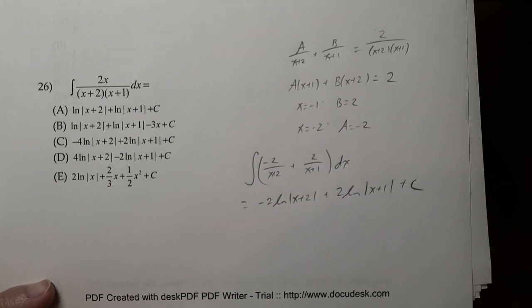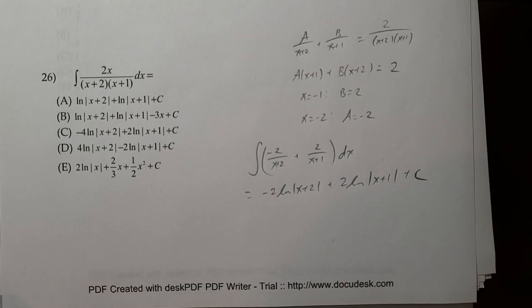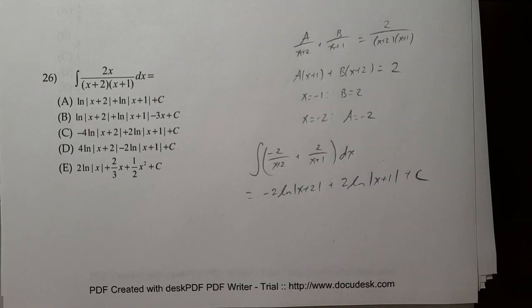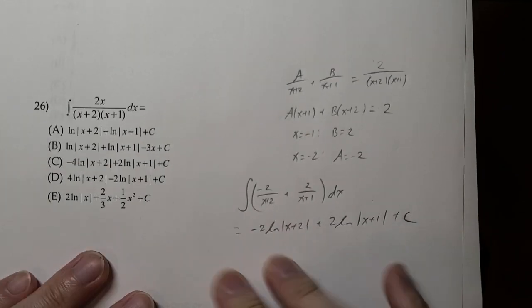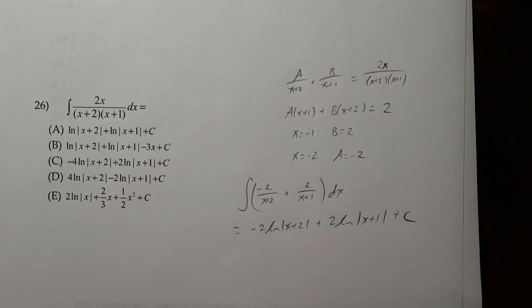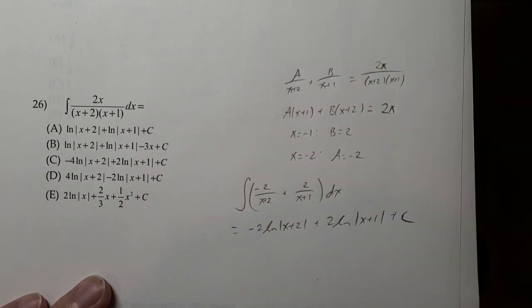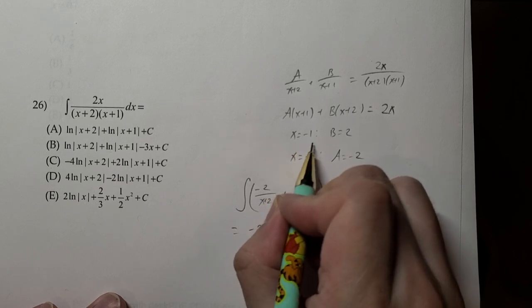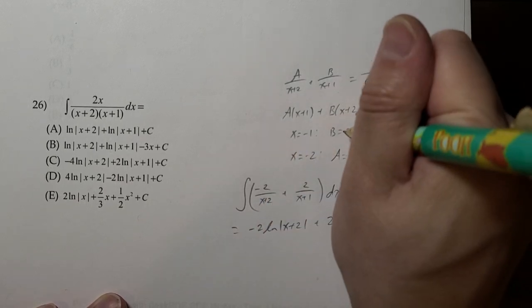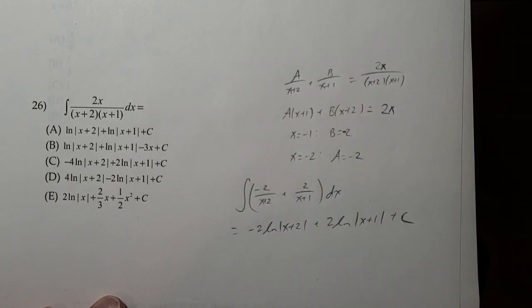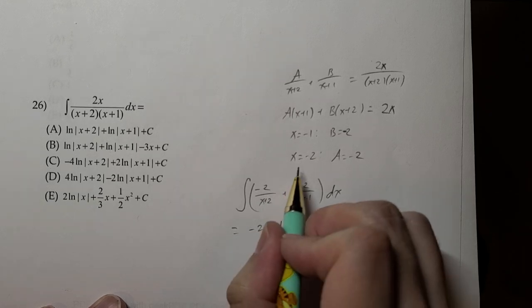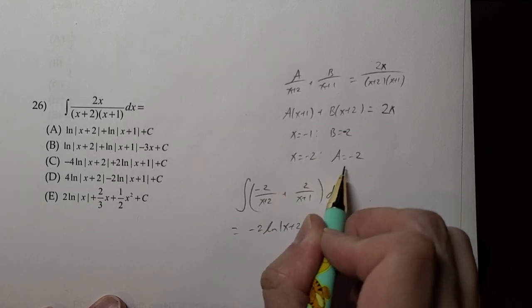Okay, so do I get that over here? Oh, I copied it wrong. It was a 2x over here. So it'll be a 2x over here. So x is negative 1. We get B is negative 2. Okay, and when x is negative 2, then A is equal to, this will go away.